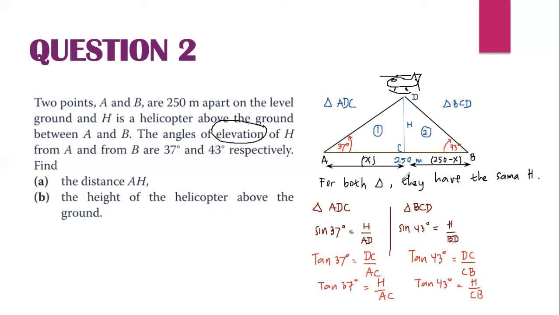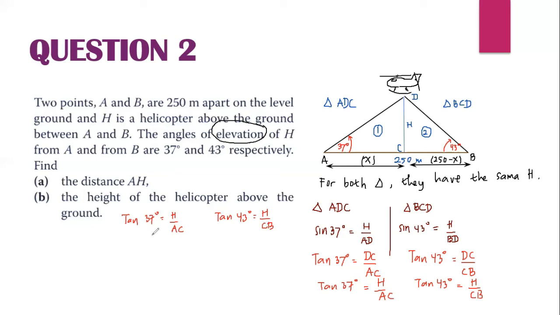Once again, for AC is x, automatically CB is 250 minus x, right? Okay, next here. Tangent 37 degrees is h over AC, and then tangent 43 degrees is h over CB.